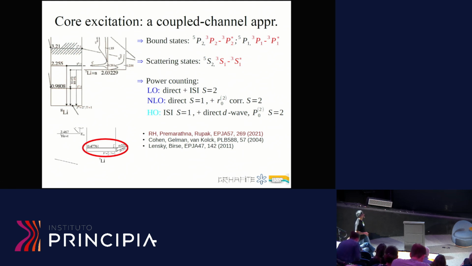We introduced the core excitation in a coupled channel approach, which was first introduced by Bira, Tom Cohen, and Boris Gelman.